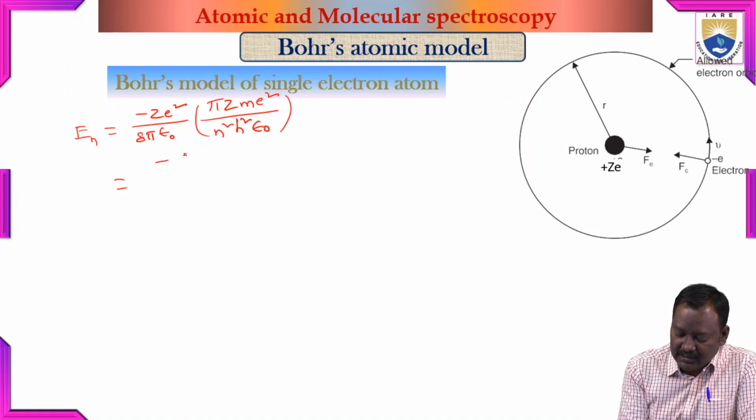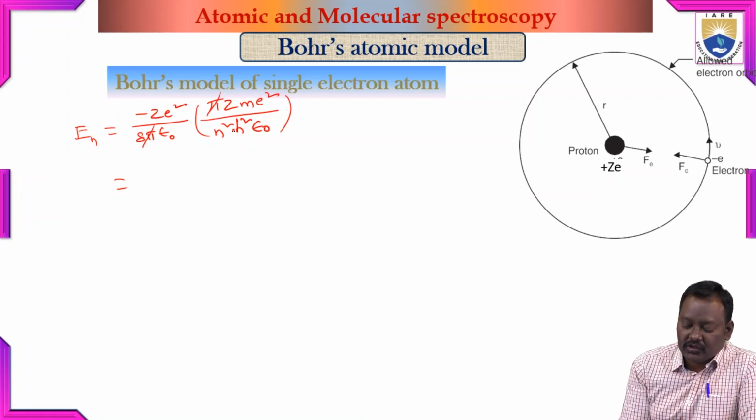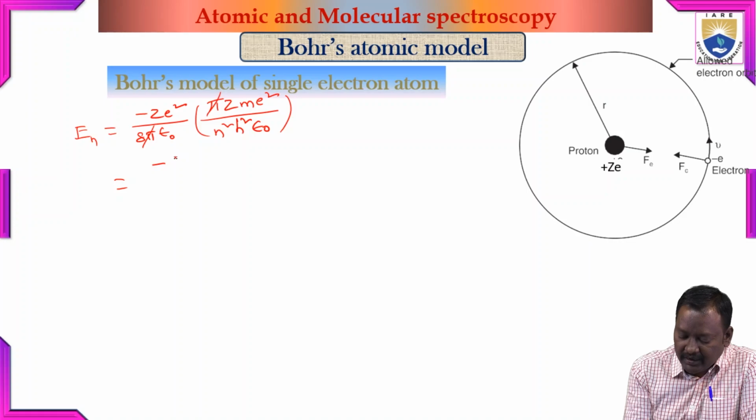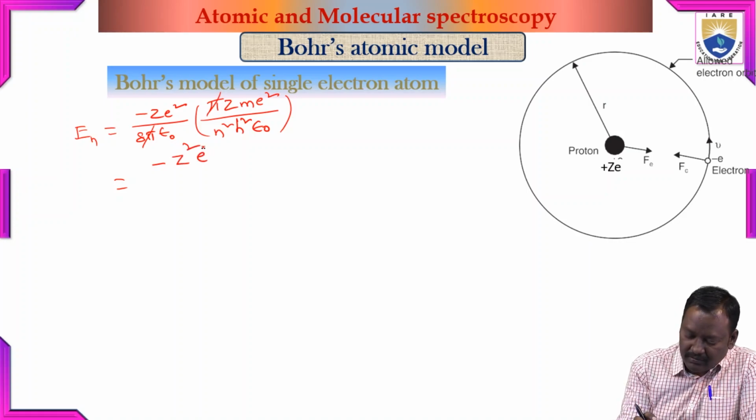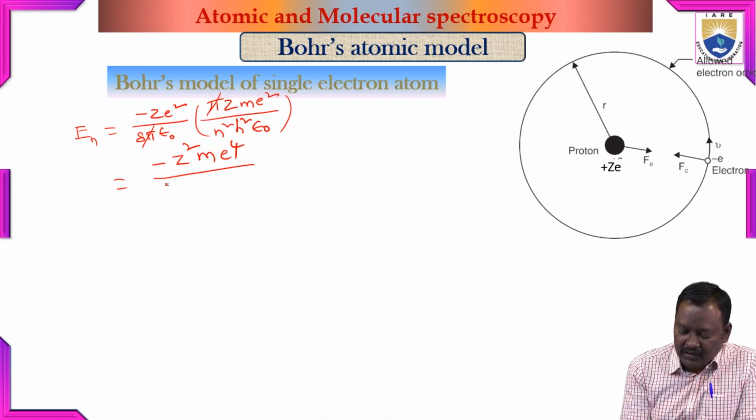Pi cancels. Epsilon naught into epsilon naught gives epsilon naught square. So finally we are going to get minus Z square m e power 4 by 8 n square h square epsilon naught square.